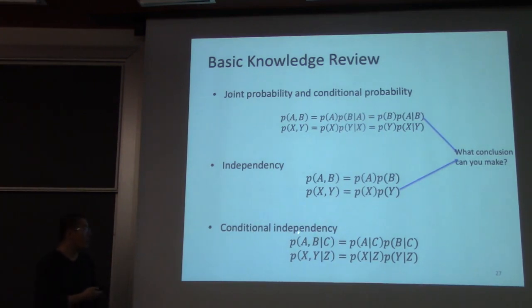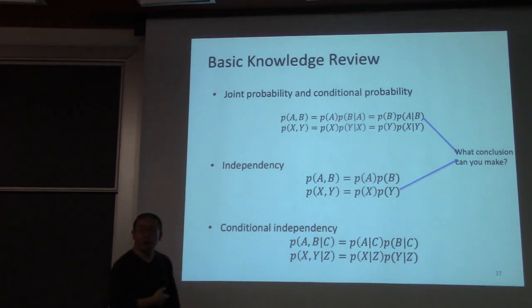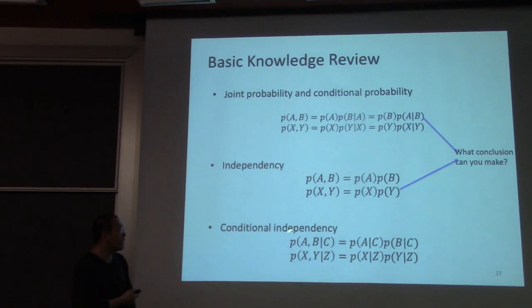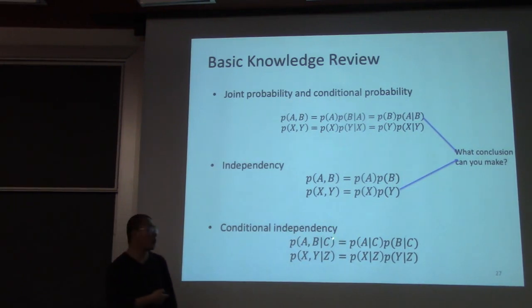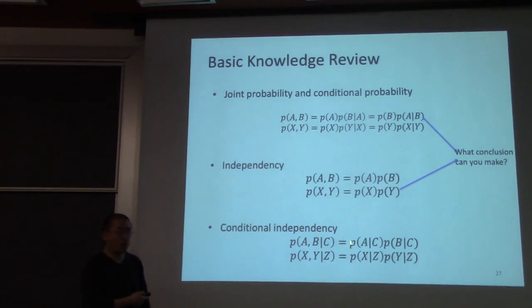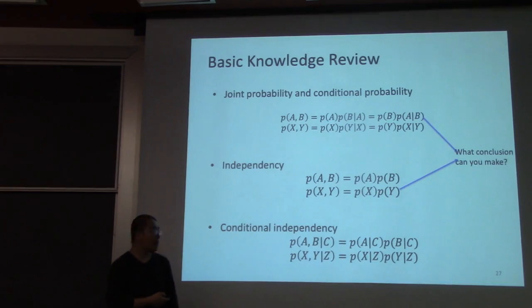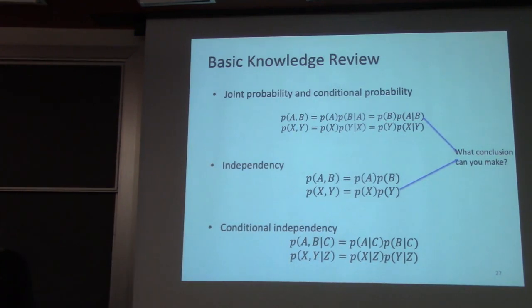If we say the two events A and B given C are independent, it means that the conditional joint probability P of A and B given C equals the product of the conditional marginal probabilities, P of A given C multiplied by P of B given C. The same definition applies to the conditional density. So this is just the basic rules.